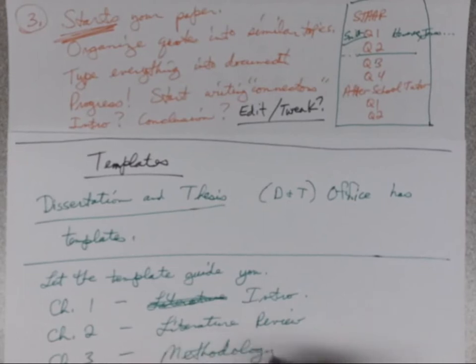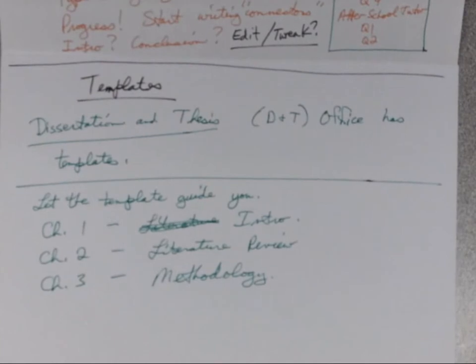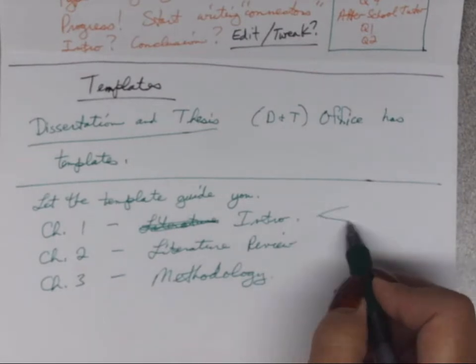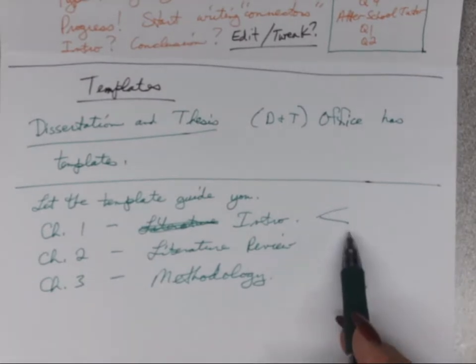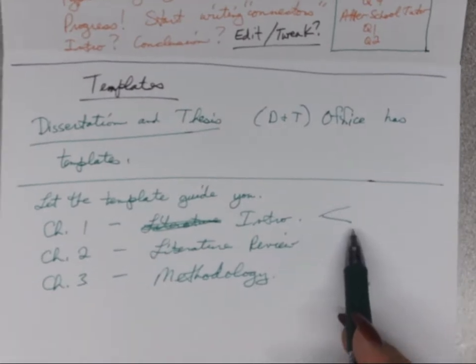What's your plan? Okay, so they'll have stuff inside of this. Maybe chapter 1, there's an intro. Maybe there's some subparagraphs that say, okay, and here you're going to do this. Intro of the topic. Over here you're going to do what's my hypothesis, research questions, whatever. So let the template guide you.